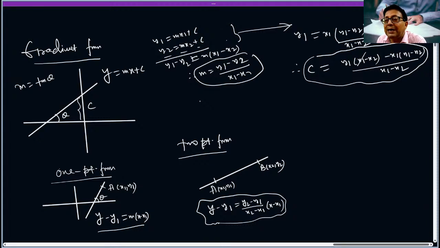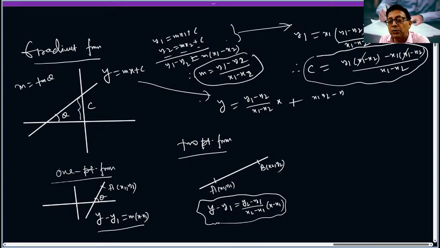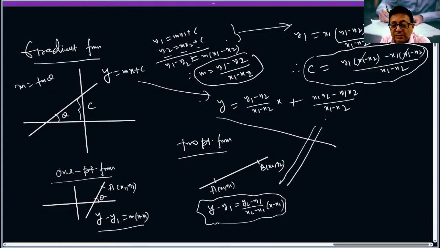This y1 x1 gets cancelled also, you get a simplified form of it. So then equation of line will be y equal to m by x1 minus x2 x plus c. I mean x1 y2 minus y1 x2 by x1 minus x2. This can be changed to this form. Yes, you can, but it is not required.